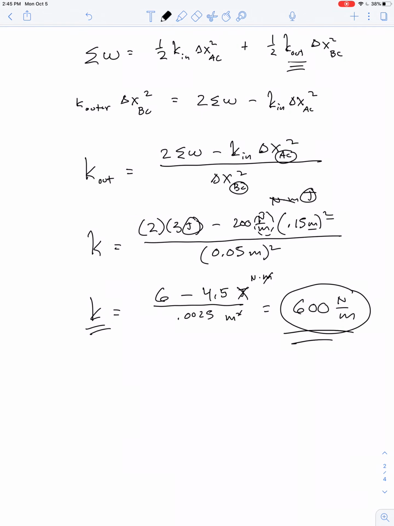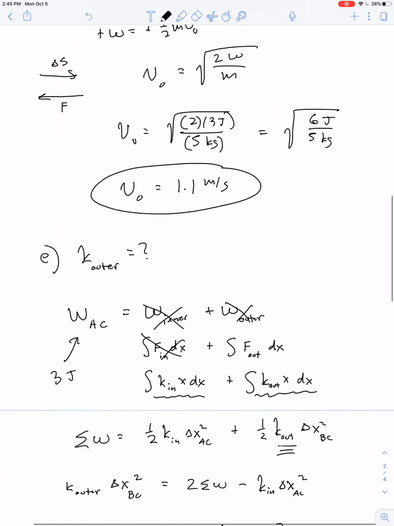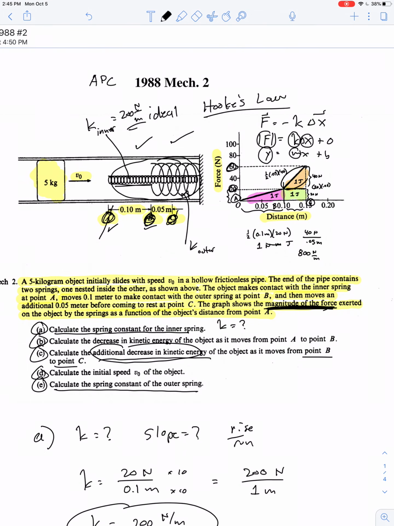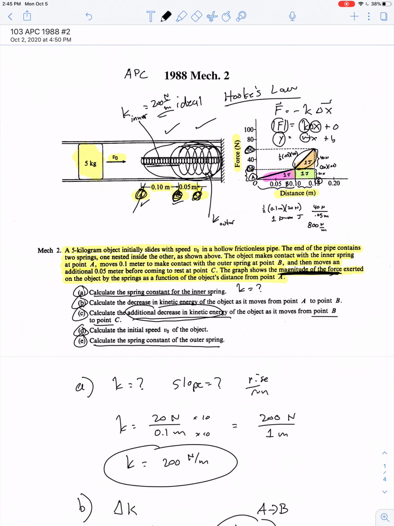But you notice something? If we were to take the inner spring's constant and add it to the outer spring, that would be 200 plus 600, which would give us 800 newtons per meter, which was the slope of that other line segment. So like I was saying, the slope of this line segment here was determined by the combined effect of the two springs, which is found by adding 200 plus 600. So it seems like everything checks out in the end.